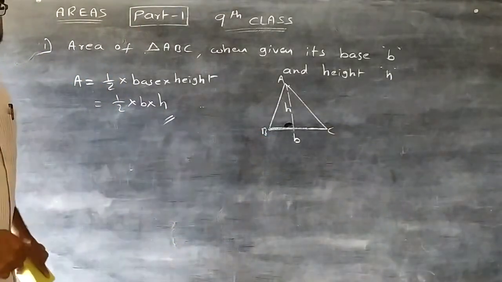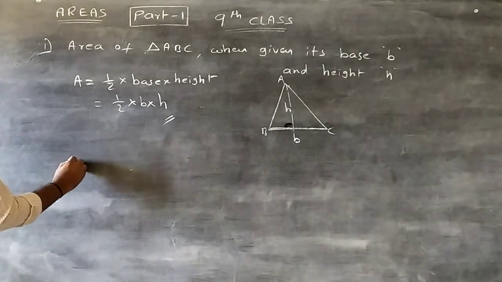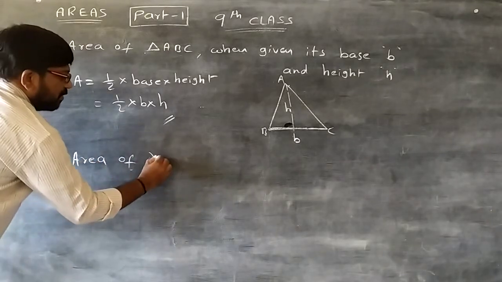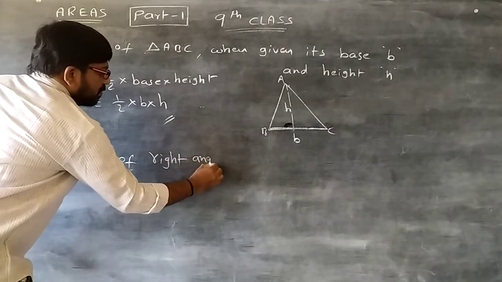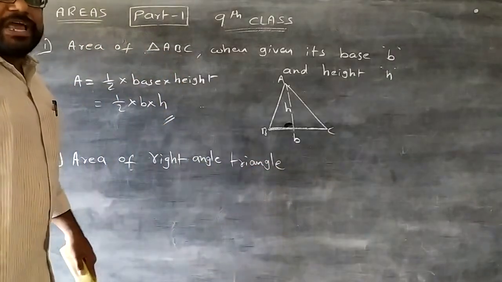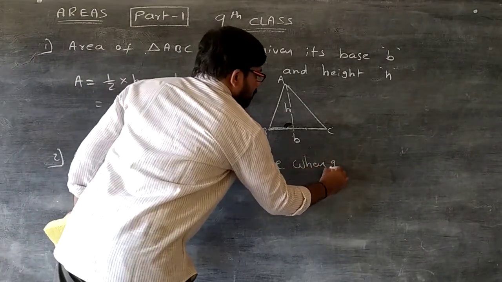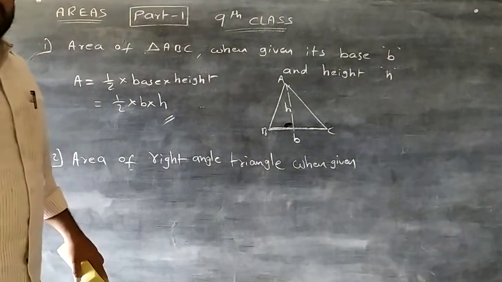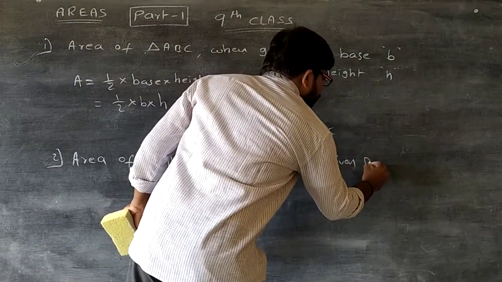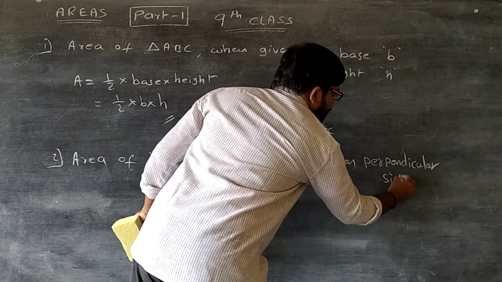Next, go for area of a right angle triangle when given right angle sides, the perpendicular sides.